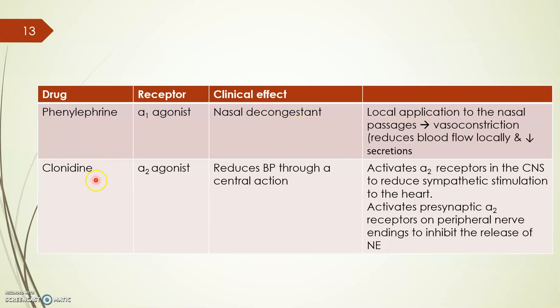Next is clonidine, which is an alpha-2 agonist. It reduces blood pressure through a central action. It activates alpha-2 receptors in the CNS to reduce the sympathetic stimulation to the heart.